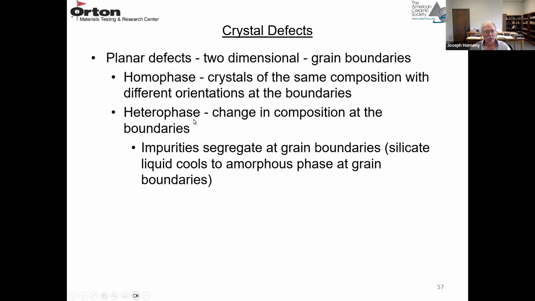So that's a heterophase grain boundary. Basically, the homophase has no impurities, just a disordered crystal structure at the grain boundaries. Heterophase has impurities that are segregated at the grain boundaries. These amorphous phases control a lot of the high temperature properties like strength and creep resistance.